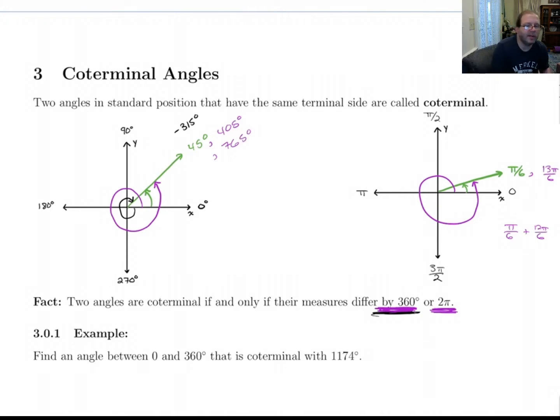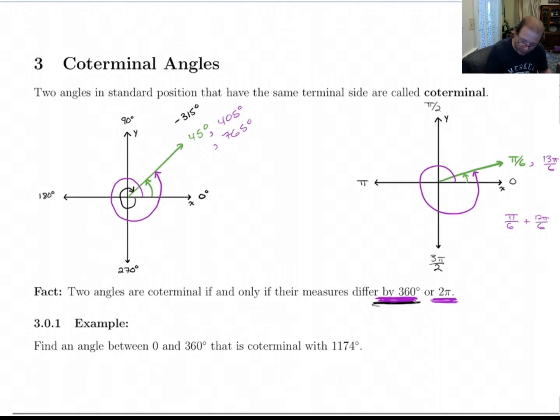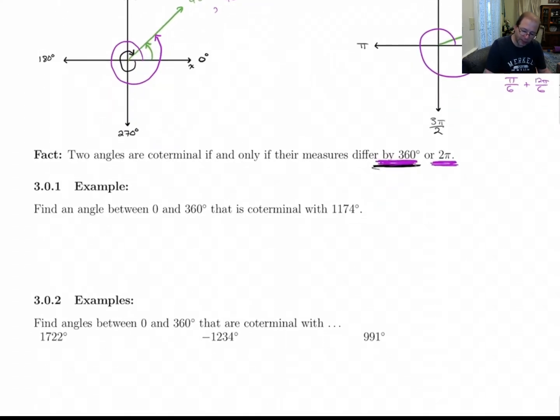So one common type of problem is to find an angle that's between 0 and 360 that's coterminal with some other value. Here's how you can do this in theory. You take 1174 and then subtract 360 degrees from it. I'm subtracting because 1174 is bigger than 360. And I get 814.